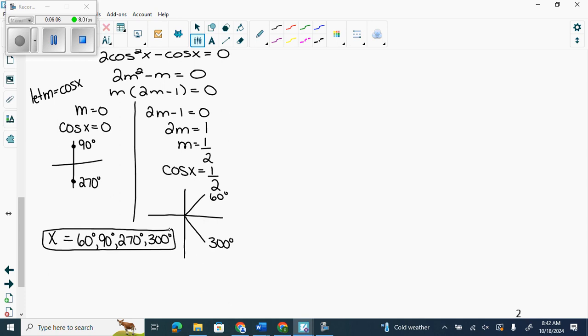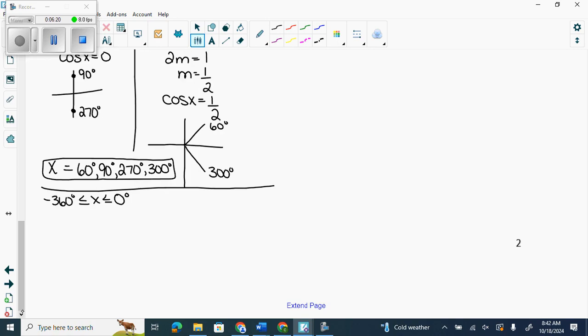What if I change the question to be from negative 360 degrees? What if I change the domain to that? Do I do the question any differently? No. I still find all my answers between 0 and 360, correct?